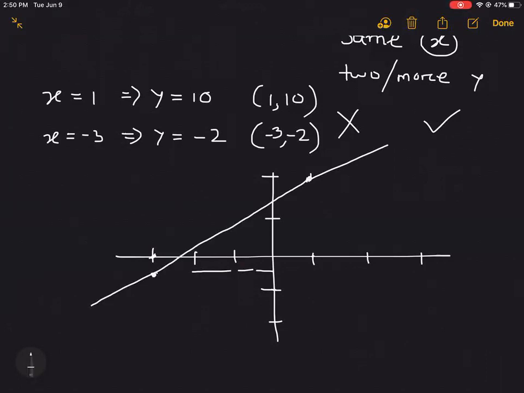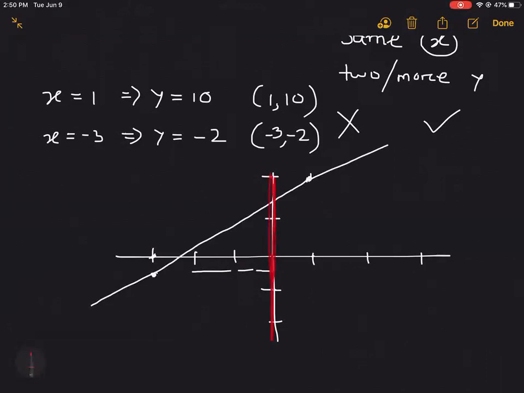And from the graph, if we just draw a parallel line to this y-axis, this is our y-axis, right? The red one.